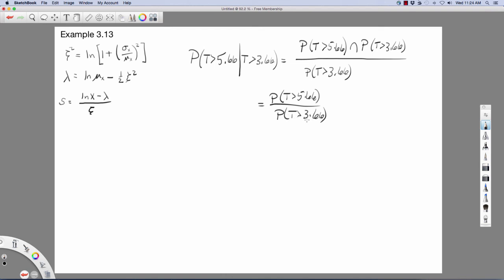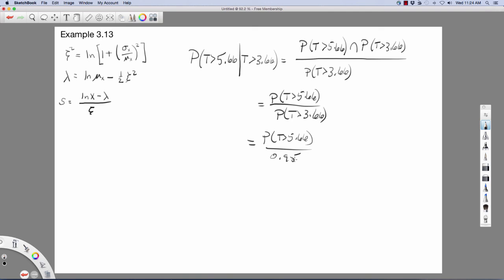Well, we figured that out from the first part, where that was imposed on us. This is 95%, because this is what we were asked to determine in the beginning, since they gave us the probability, they forced us into a 95%. So this is going to be the probability that time is greater than 5.66 divided by 0.95.